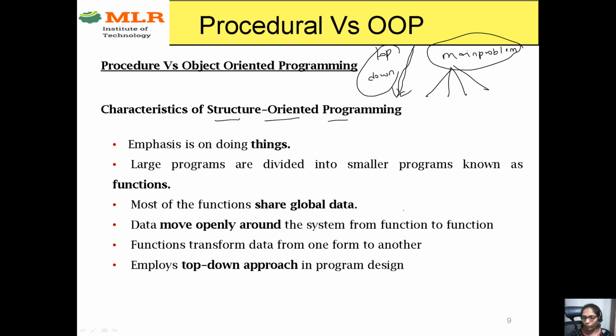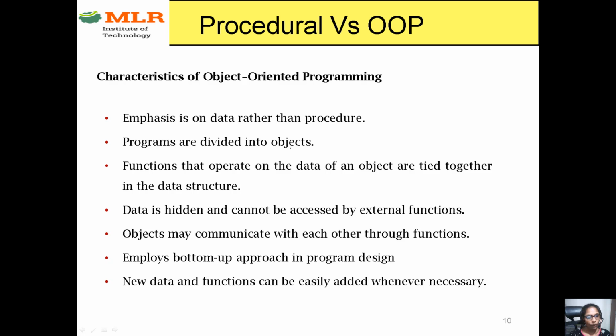Now coming to bottom up, object oriented follows the bottom up approach. For example, I have some different figures like shapes: triangle, rectangle and circle. So these are the 3 figures. Now I want to make some common properties for all these, since they are all related to figures or shapes.